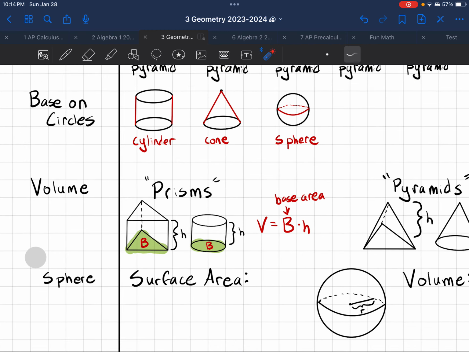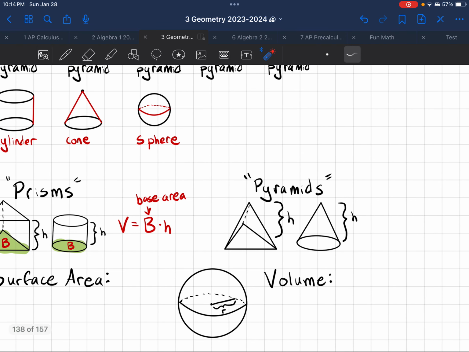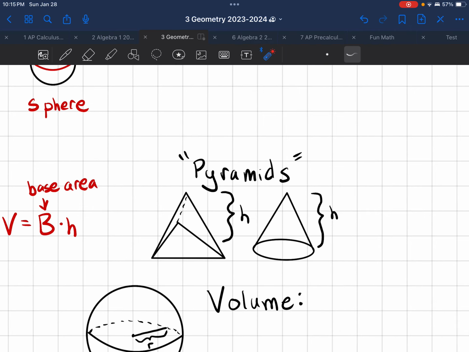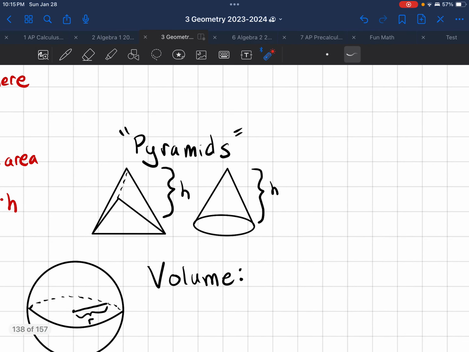I do have a demonstration in class for the relationship between a prism and a pyramid. It's really cool, but for now, because I'm just on the digital notes, you're going to have to trust me on this. The pyramid, it's the same idea. The core idea is you take the base area down here, which we're going to call B. It could be a circle; it doesn't matter what shape the base is, but it's the base area.